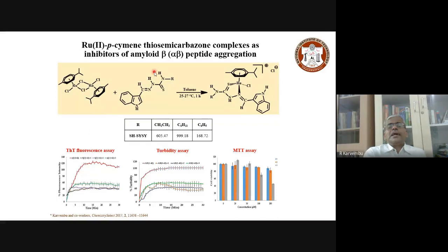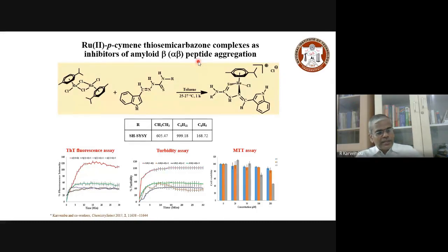And how is this Alzheimer's disease caused? This disease is caused because of the aggregation of this amyloid B peptide, or amyloid B protein, in the extracellular portions. Outside the cell, there is aggregation of this peptide.